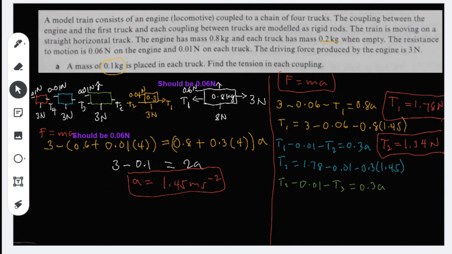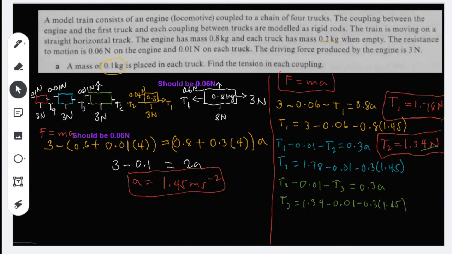So therefore, we're going to solve for T sub 3. T sub 2 is already given here. That will be 1.34 minus 0.01, and then minus 0.3 times 1.45. That is the acceleration, remember?